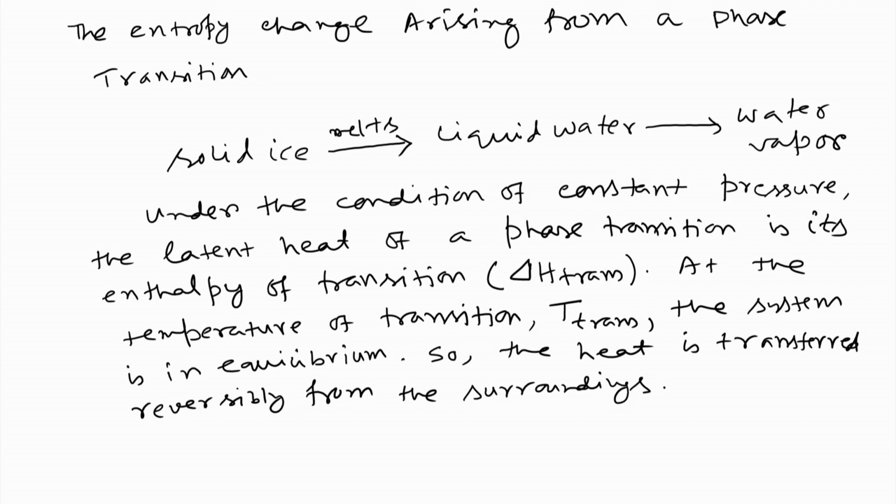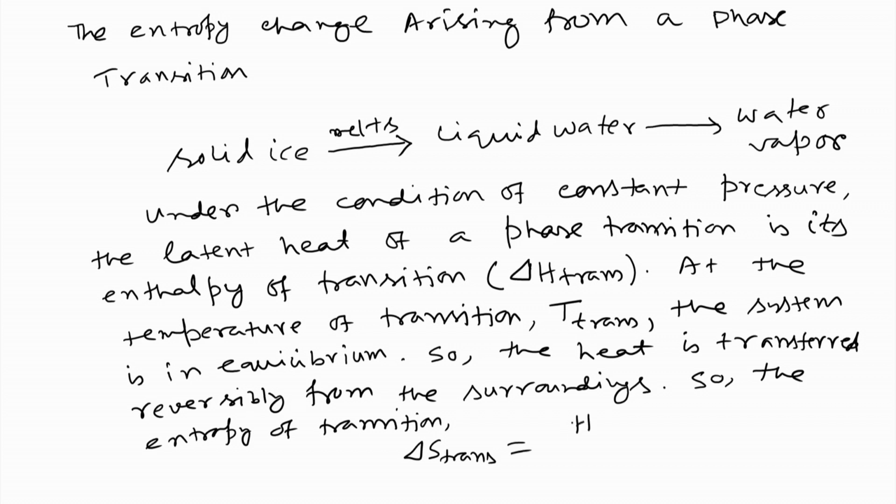Okay. So, we can write the entropy of transition, delta S transition, is nothing but delta H transition by T transition, right.